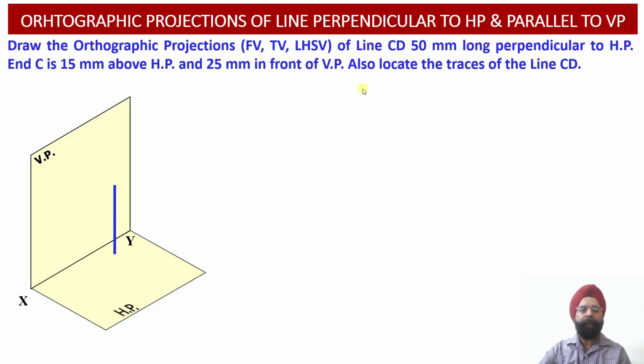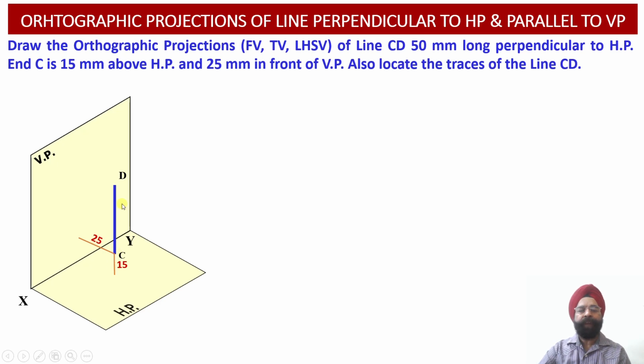So first of all, let us evaluate the spatial coordinate location of this line with respect to the three reference planes over here. Now here we can see this is the line CD. This line CD happens to be perpendicular to the horizontal plane and it is parallel to the vertical plane. And another information we have been provided with, that is the end C of the line happens to lie 15 millimeter above the horizontal plane.